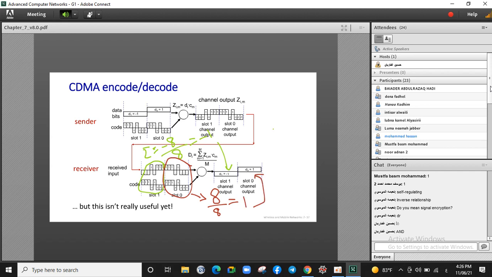Get this one? 1. So simply, I decode the received information again by using the unique ID, the unique code.